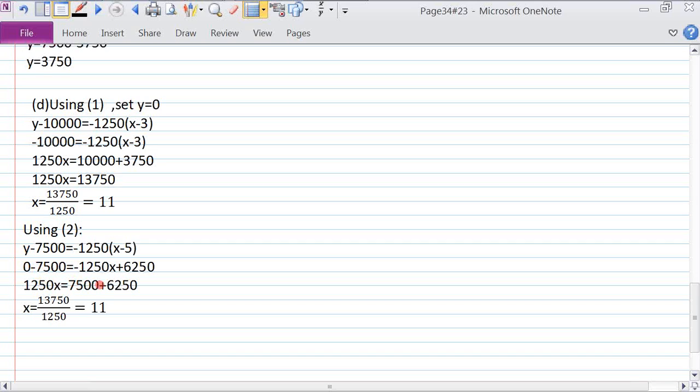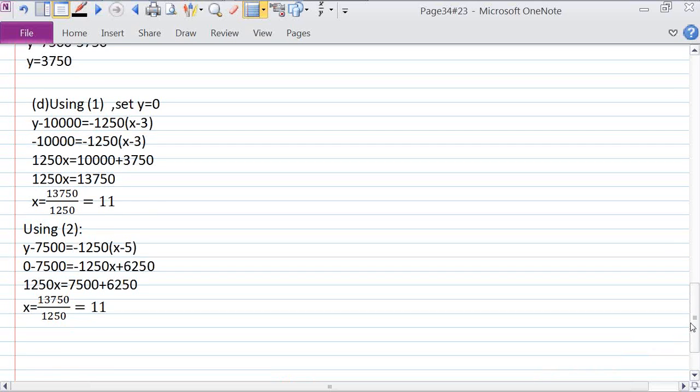We get plus 7,500. This stays where it is. We get the same thing: 1250x equals 13,750. X is equal to 13,750 divided by 1250. X equals 11.